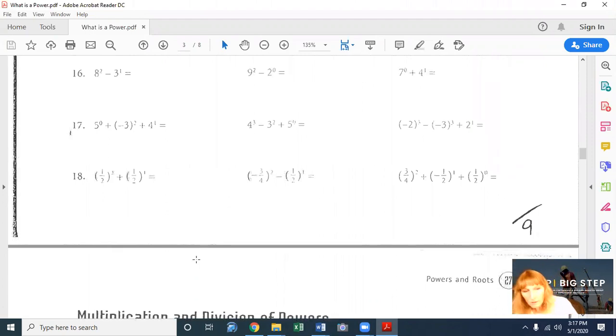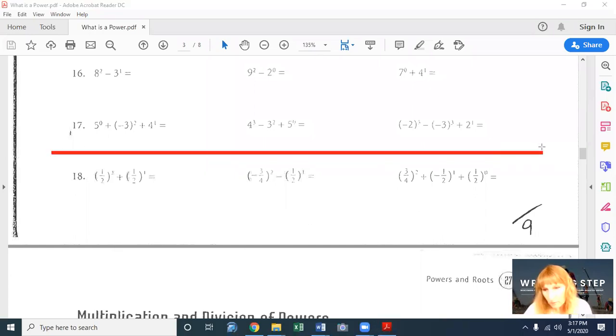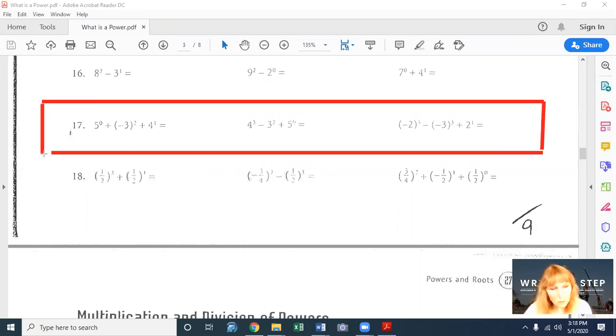So we have 5 to the 0 power plus negative 3 to the 2nd power plus 4 to the 1st power. So let me just first of all highlight the rule that we're doing so you can see that we are doing this row right up here and this row all the way down here.